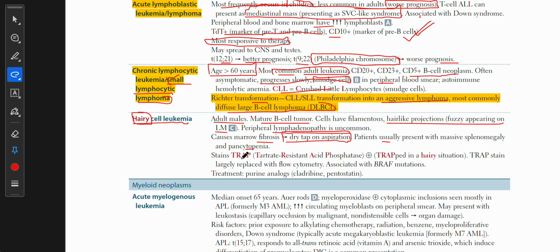The stain is TRAP stain, that is tartrate-resistant acid phosphatase positive. TRAP stain has been largely replaced with flow cytometry, and it is associated with BRAF mutations. The treatment includes purine analogs, cladribine, and also pentostatin.